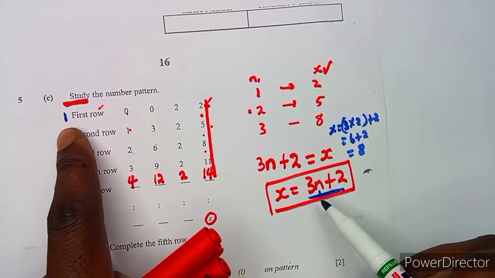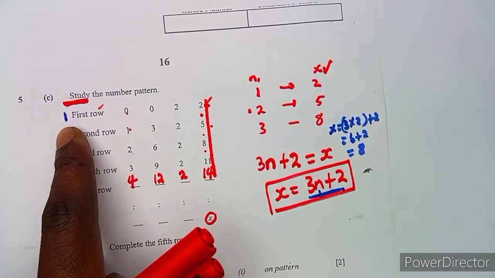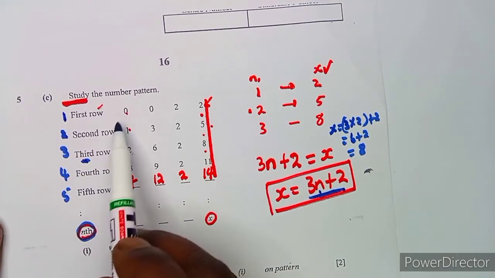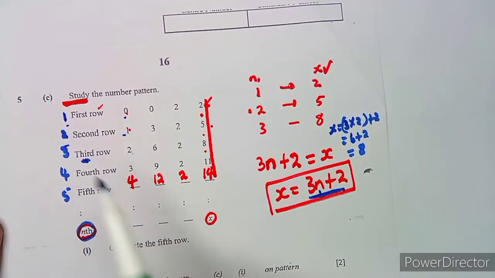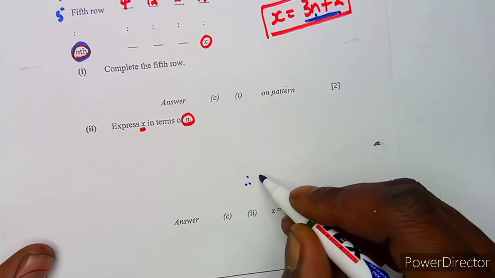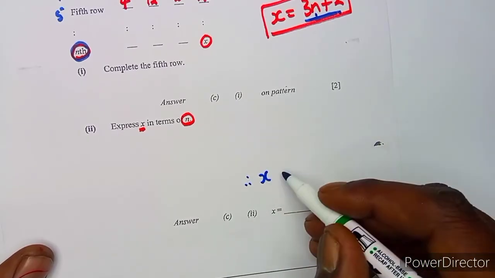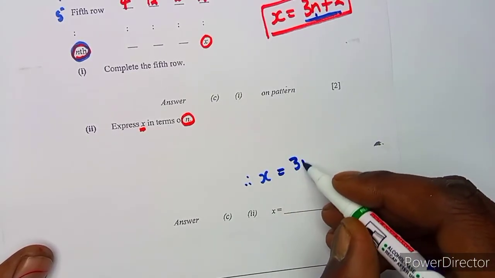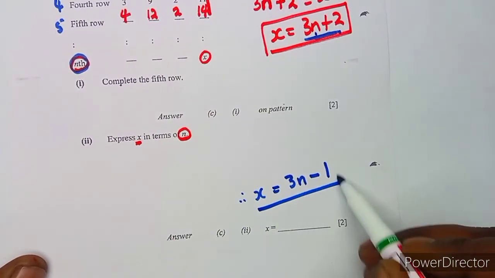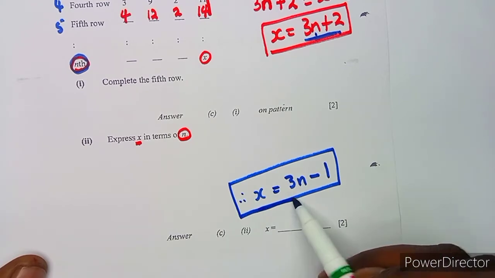Because n is representing 1, is representing 2. That is what you have to ask. So the difference between these two is the 1. So which means at the end we are going to subtract 1 from our x. So it is going to be like this, 3n minus 1. That is going to be the actual expression for x.